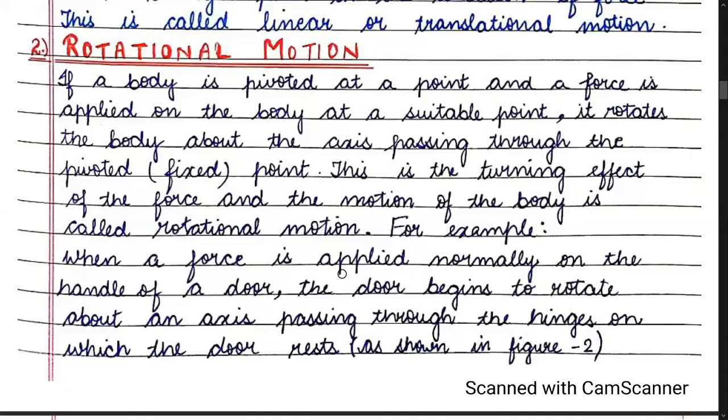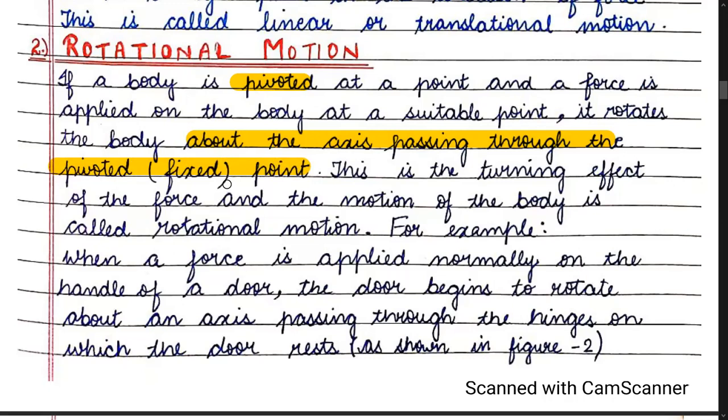Next comes rotational motion. Now children, if a body is pivoted at a point, that means it is fixed at a particular point, and a force is applied on the body at a suitable point, then the body rotates about the axis passing through the pivoted point.